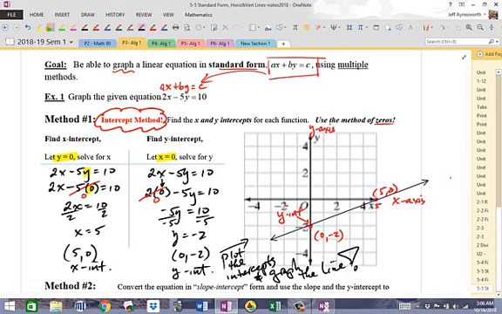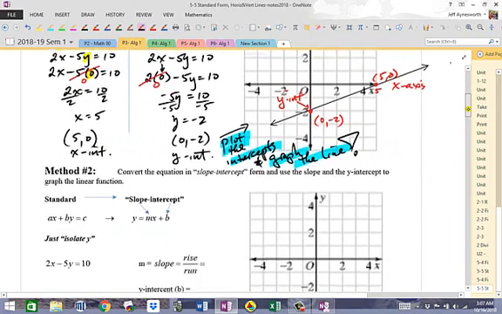Let me highlight that. So you plot the intercepts and graph the line, as I just did. Now that's the first method. That's the easy method. And when you get good at this, you do this in your head, guys. Because substituting 0 into an equation is simple because it zeroes out the term. All right? Because anything times 0 is 0.